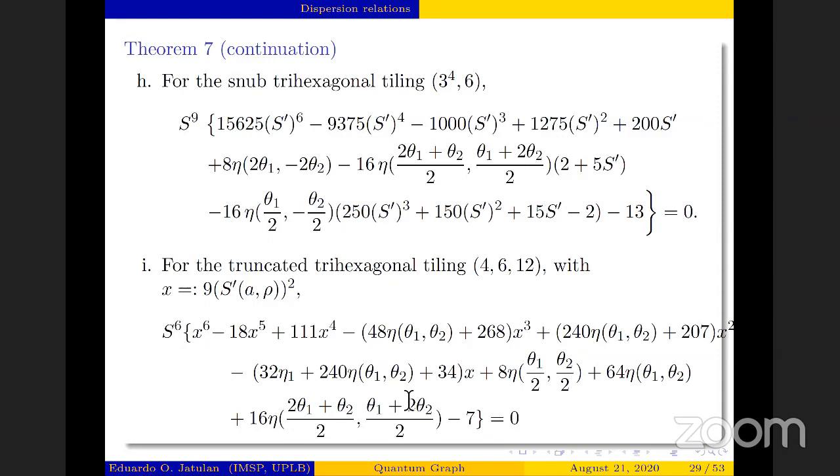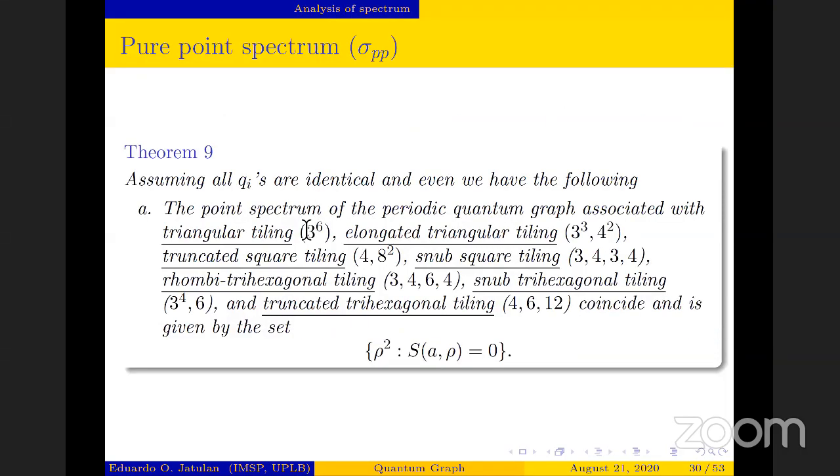From the dispersion relations, we can analyze more about the spectrum of our quantum graphs. Again, all the values of lambda that do not depend on our quasi-momenta will be the pure point spectrum, and the others, which depend on theta 1, theta 2, will compose the absolutely continuous spectrum.